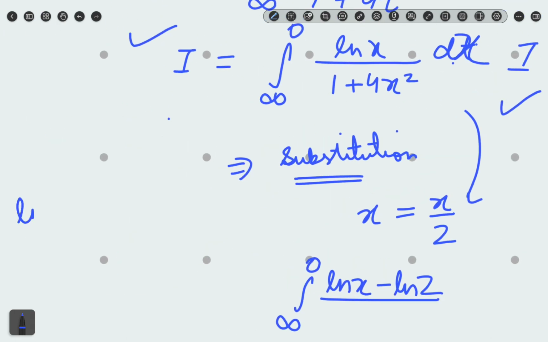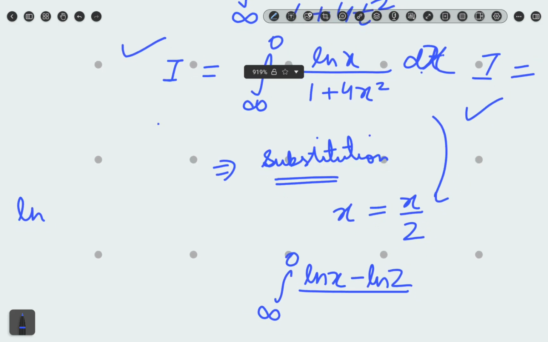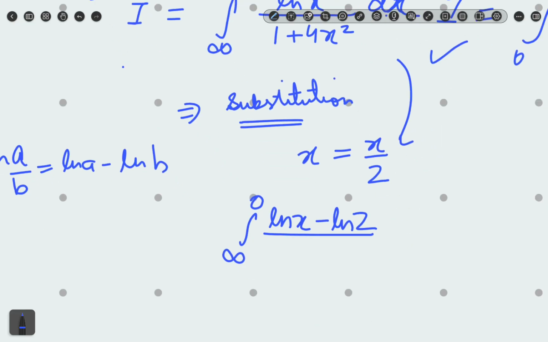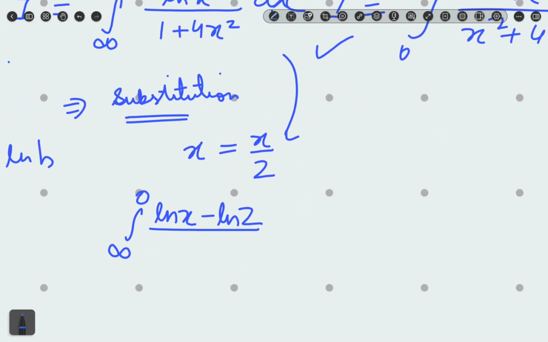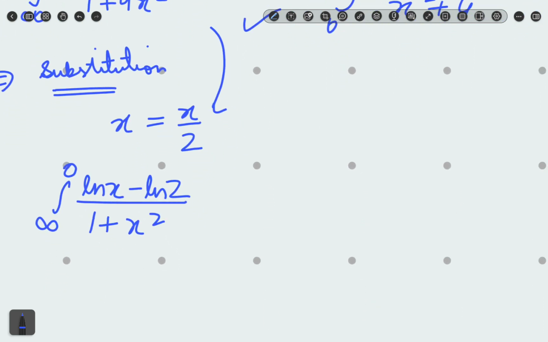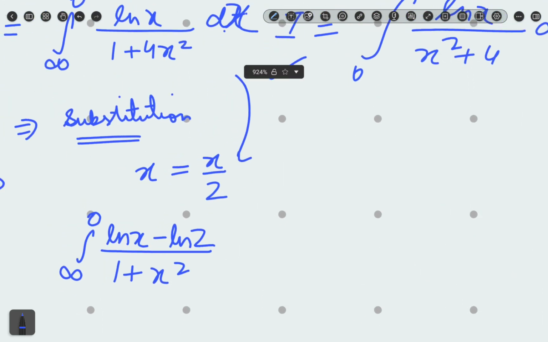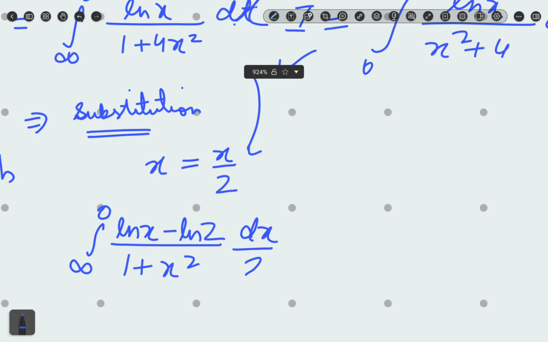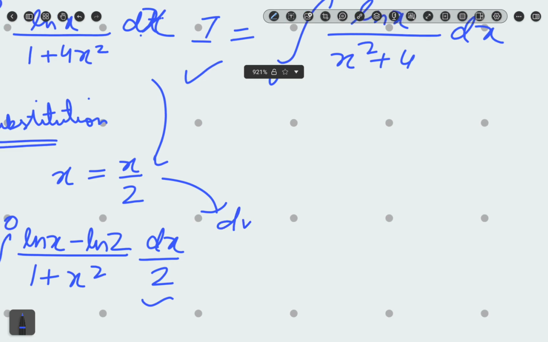By the properties of logarithm we know that ln of a by b is equals to ln a minus ln b, right? And this becomes 1 plus x squared, and this dx becomes 2 dx. How we did that, we are just converting it.